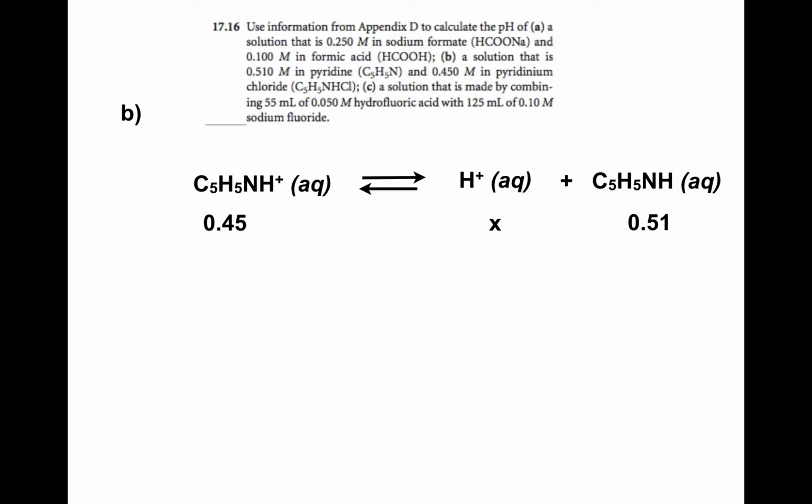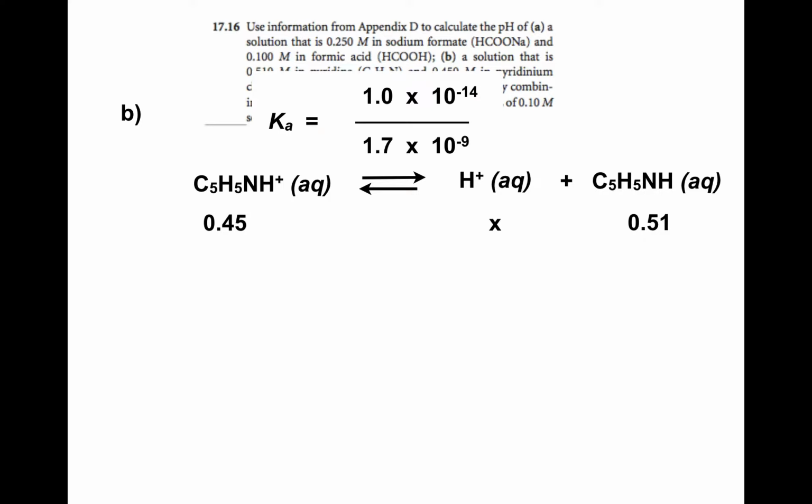You could do this as a Ka expression or a Kb expression. So if I wanted it as a Ka expression, I just take the Kb value for pyridine and divide it into 10 to the minus 14 to get the Ka for the conjugate acid. So now I can do the same thing.